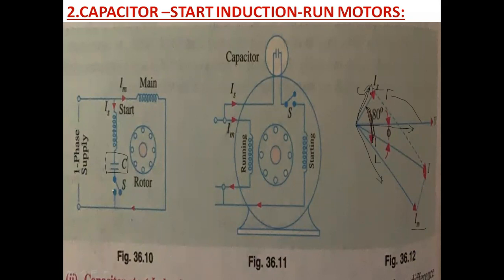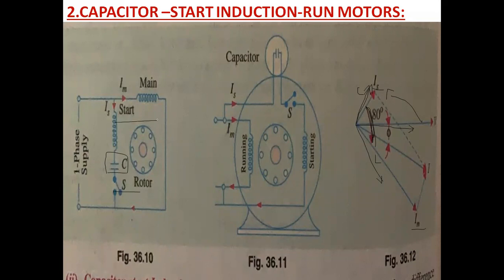Okay, and this is the switch. In order to remove the starting resistance and capacitance after the induction motor runs to the normal position, I am using this switch. After the motor attains 40 to 50% of the normal speed, we can remove the switch here, because from that time there is no need of starting resistance.